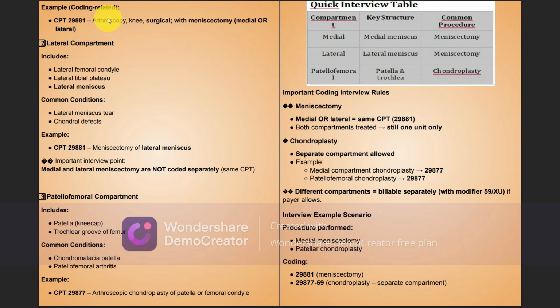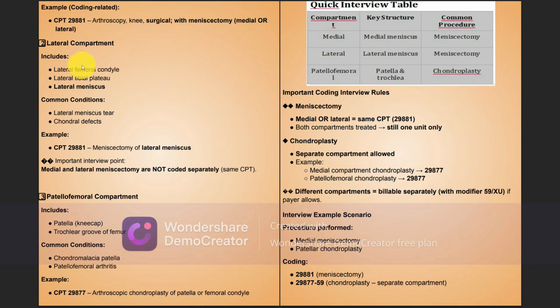Coding-related procedure: CPT 29881, arthroscopy knee surgical with meniscectomy, medial or lateral. Here it says 'or', which means either medial or lateral. So we need to focus on which compartment is performed.